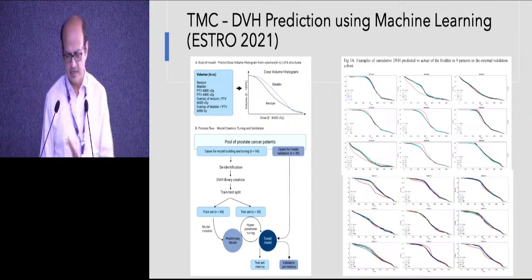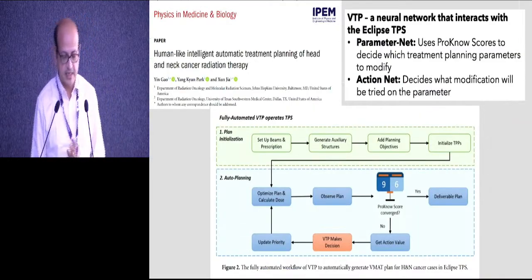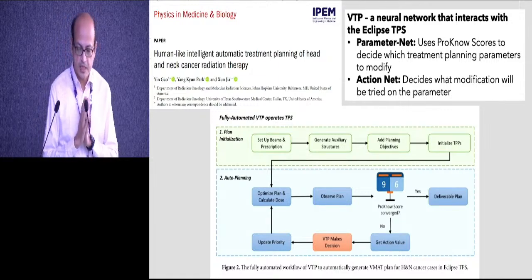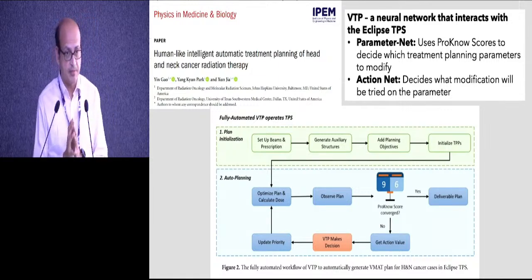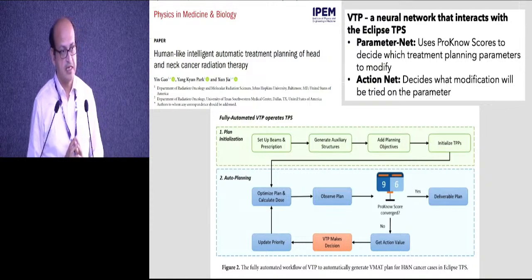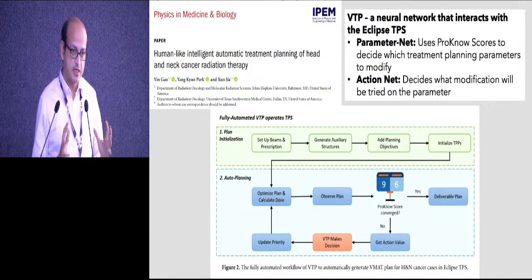Now, this is again a small project that we did, never mind. But what we are seeing coming out very recently is that there are deep learning models which can replicate this process.